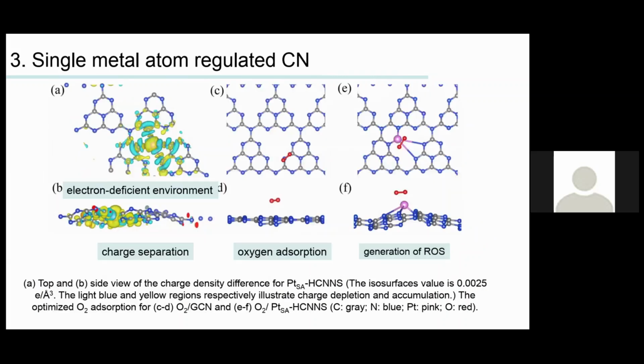In addition, the strong electrophilic property of single metal atoms is beneficial for creating an electron-deficient environment and facilitates charge separation, oxygen adsorption, and the generation of reactive oxygen species, which enhanced the photocatalytic activity.